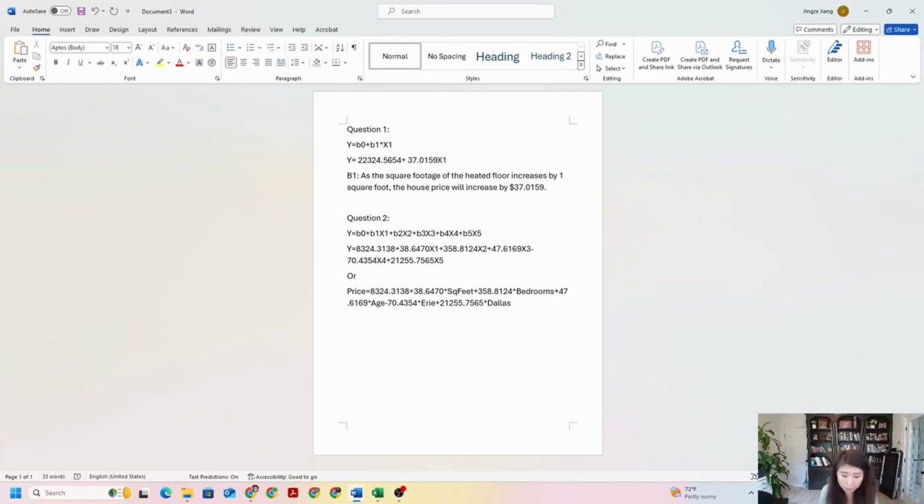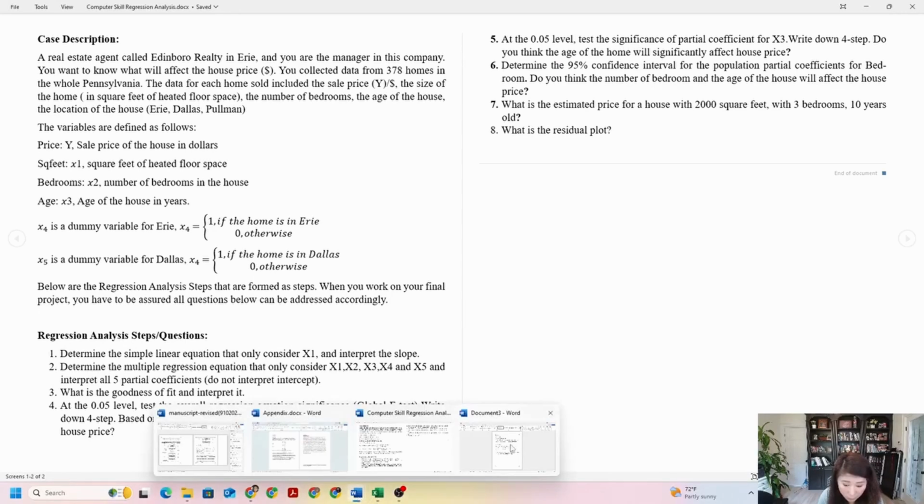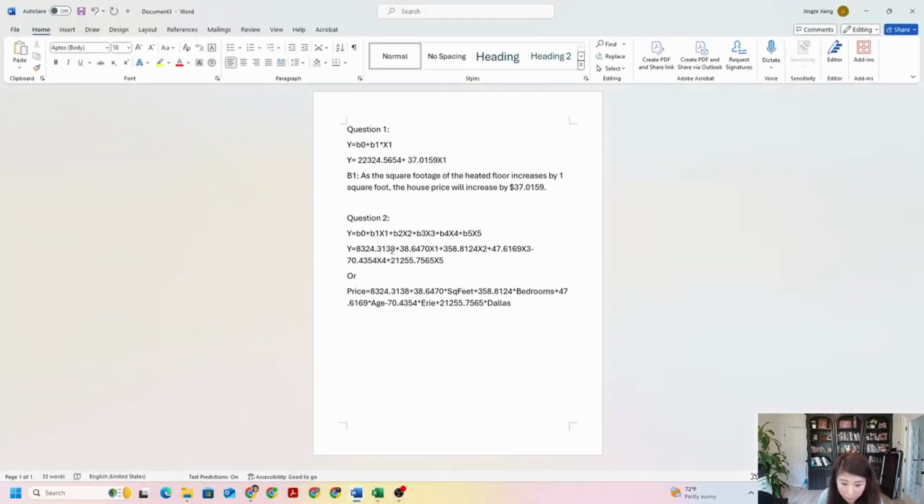Now, the next question asks us to interpret the 5 partial coefficients. So we are asked to interpret the coefficients in front of x1, x2, x3, x4, and x5. Usually we do not interpret the intercept, because the intercept just means all the variables equal 0. What is the value of y?